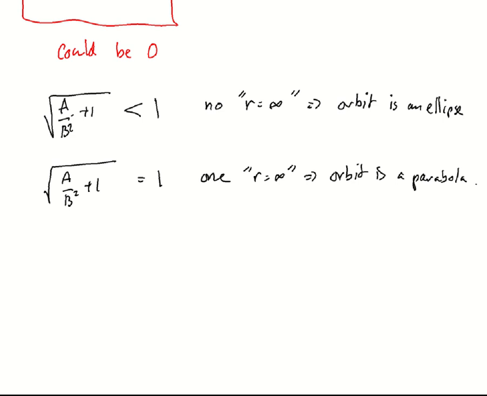A would have to be equal to 0 for that to happen, which, if you remember, A is related to the total energy in the system. If the total energy in the system is actually 0, then you'd end up with a parabola.